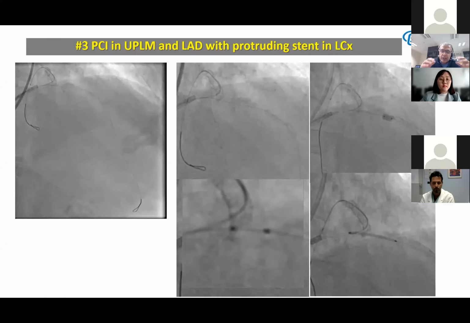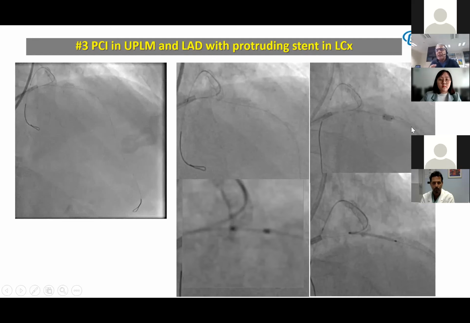So it is not possible to perform a mini-culotte. So I implant the stent distally, and then I perform a POT balloon 3.5 and distally 3.2 POT.